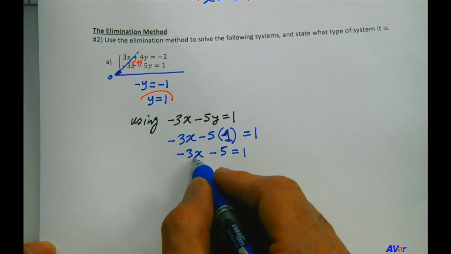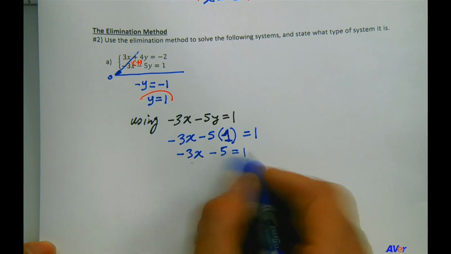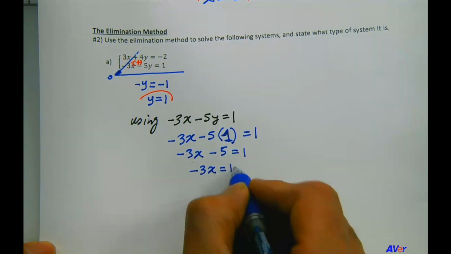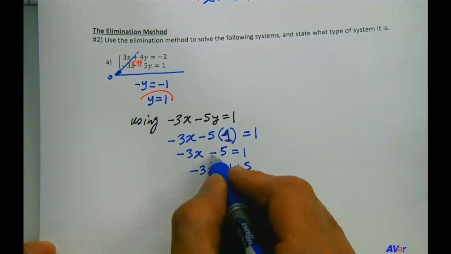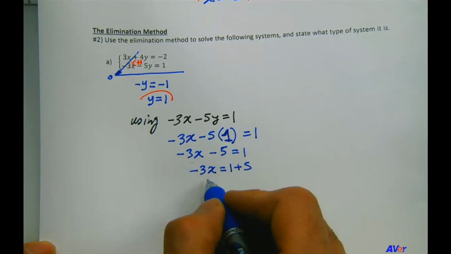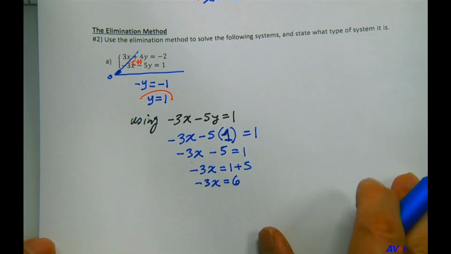We're solving for x, so we need to isolate x. So we need to get rid of this negative 5. How? Move it to the other side. Negative 3x equals 1 plus 5. It was minus on this side; when we move it, it becomes positive 5. So minus 3x equals 6. Now, is x isolated?